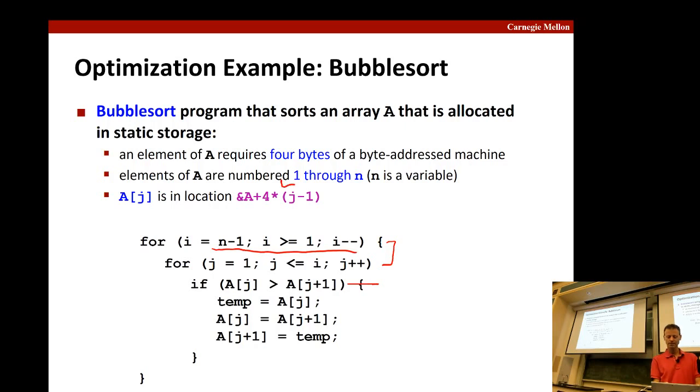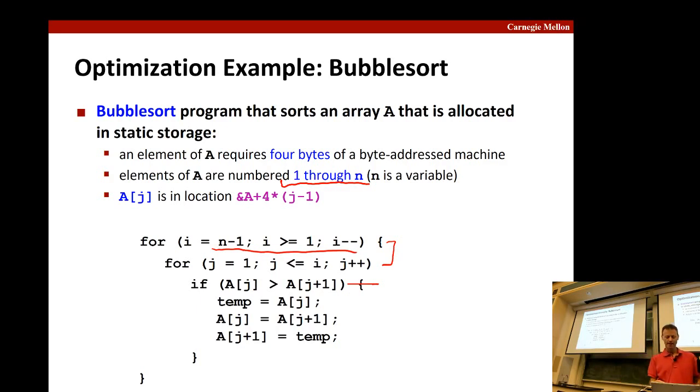I'm assuming here that the programmer was resistant to the C notion that arrays start at 0, and so they wrote their program insisting that they wanted to keep their values in A1 through AN, as opposed to A0 through AN minus 1, and that's perfectly acceptable to do. Maybe that helped them with conceptualizing later indexing into the array and so forth.